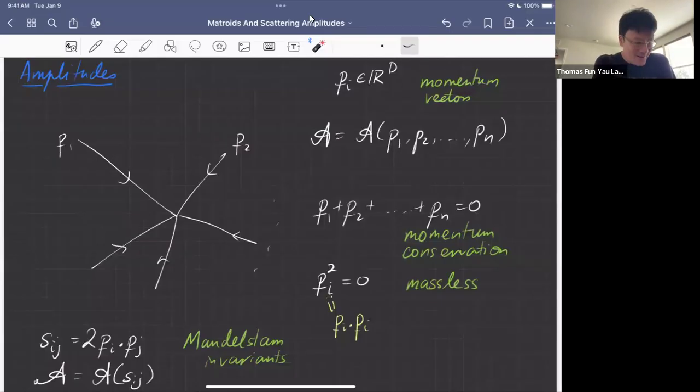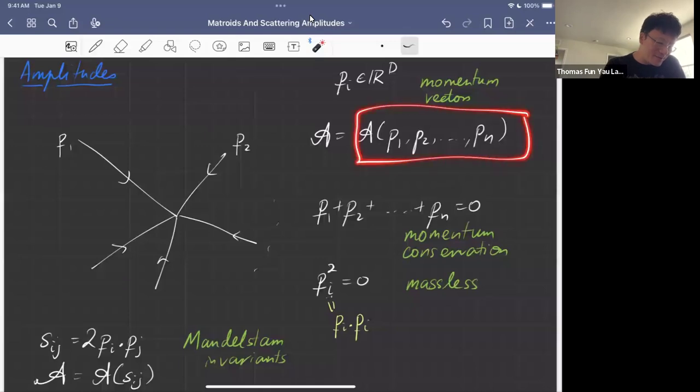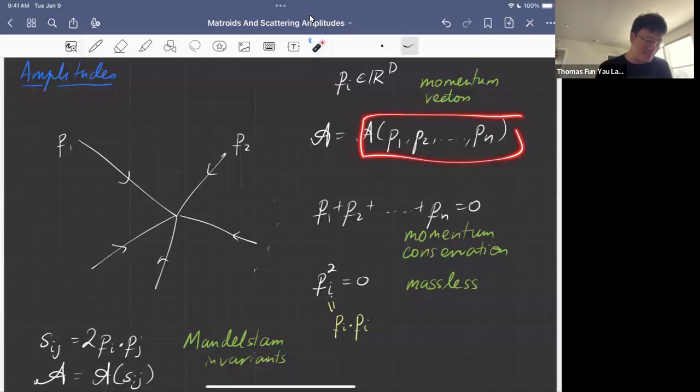It depends on what kind of particles I'm colliding, and also on some internal features of these particles. They may have other quantum numbers and polarization vectors. I'm hiding all this; there's more input into this function, but I'm just going to pretend it only depends on the momentum vectors.